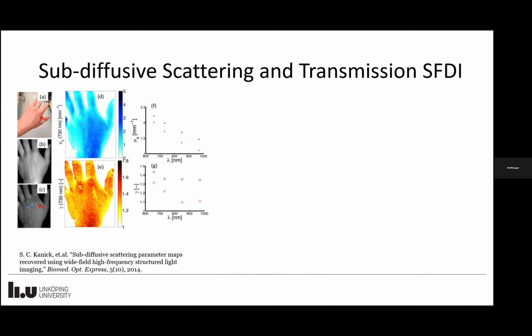So the big problem here is that with a reflectance geometry, you're always shining light, so there's always going to be a diffuse component and a subdiffuse component in everything you do. It's really hard to characterize one thing that's very weak when you have a large background you're trying to eliminate. You can subtract most of it, but the noise always goes through, so it's really hard to interpret that data.